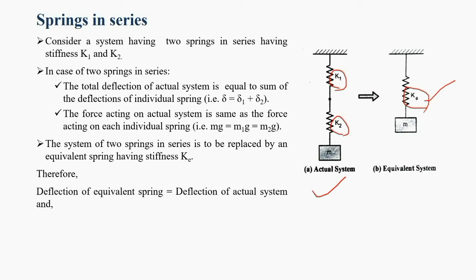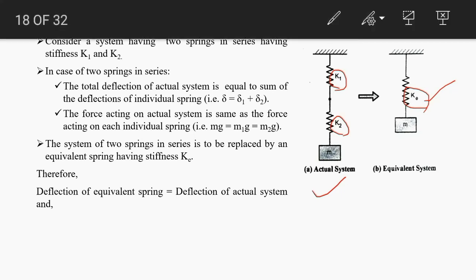Now for this system, we can see that both springs are subjected to the same force, and that is due to weight. So the induced spring force in spring 1 and spring 2 would be equal to this force mg.